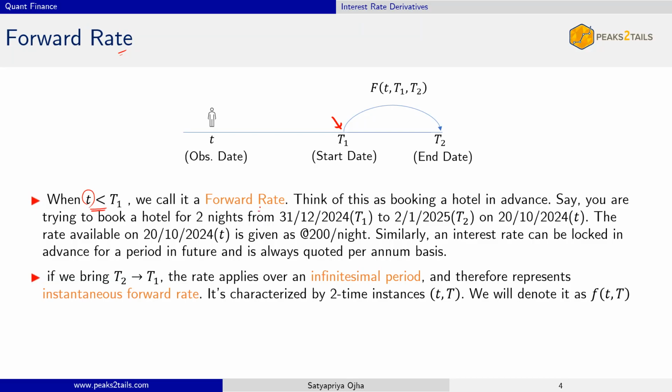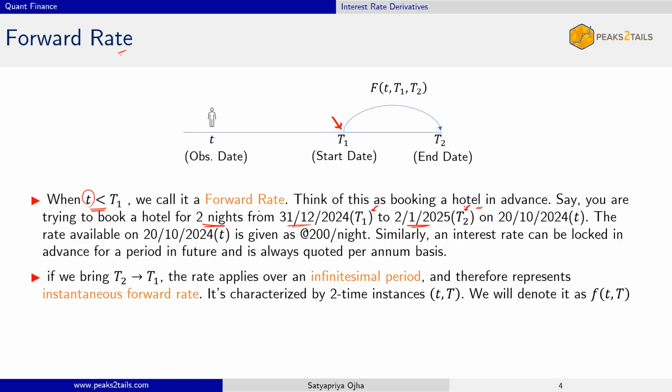Now, just to think of an analogy, you can easily understand this. Think of trying to book a hotel in advance. Suppose for the new year that's coming, you're trying to book a hotel for 2 nights starting from December 31st, which in our case would be T1, the start of your holidays, until 2nd of January 2025, which is capital T2.